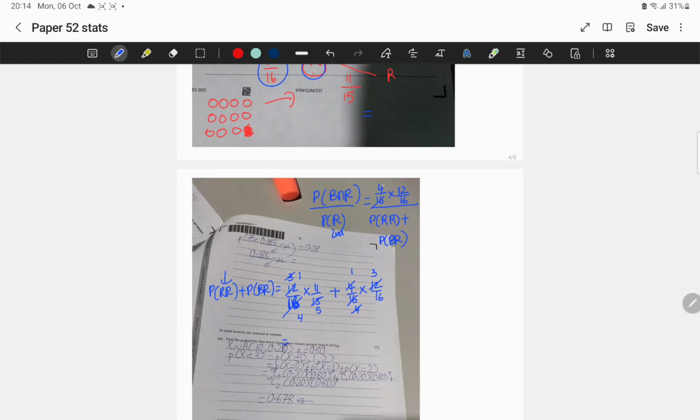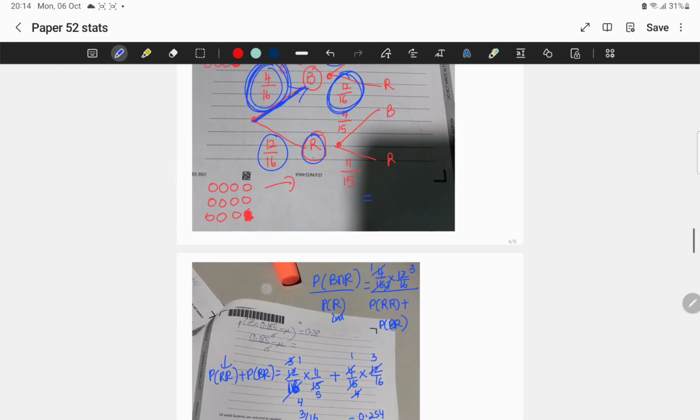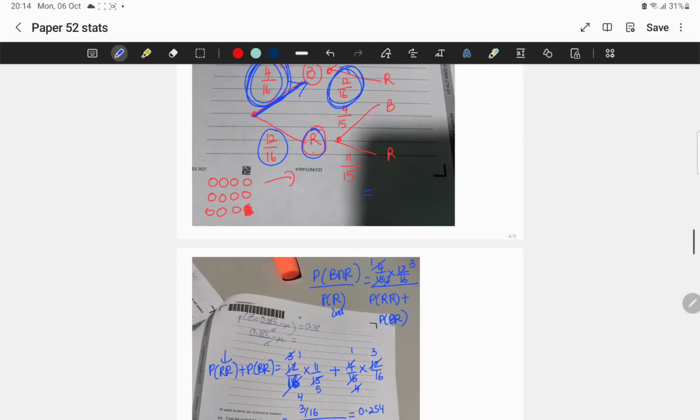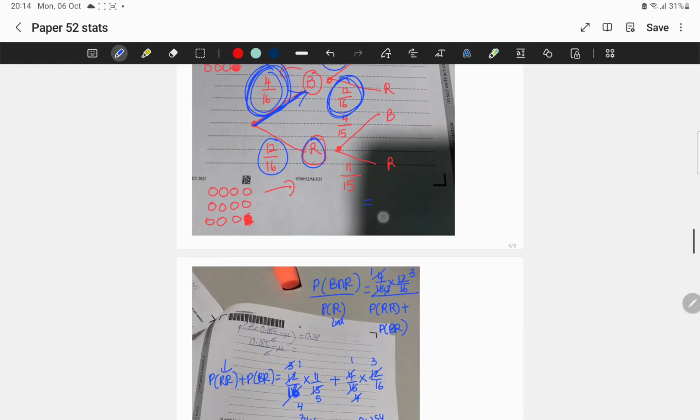This one would become 1 over 4, 3 over 16 divided by, you add these two, so I think it's 11 over 20 plus 3 over 16, and simplifying you're going to get your answer. I could have made a mistake, but your answer should be 0.254 as your probability. If you draw the tree diagram, you can follow directly from there. There's no need to calculate all this by yourself.